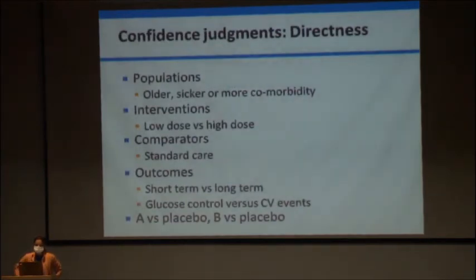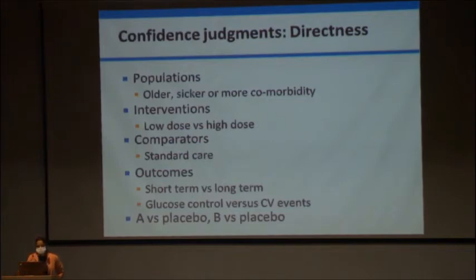Now, indirectness is a little less intuitive, but what it's referring to basically is whether you can apply the results of that body of evidence to your individual patients. So it's a matter of applicability. And what would be concerning is if the population, intervention, comparators and outcome differ significantly between what is included in the trials and what would count as patients commonly.